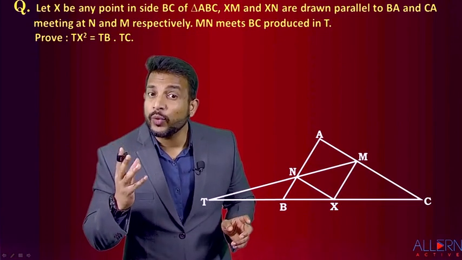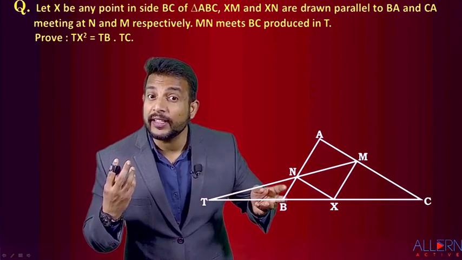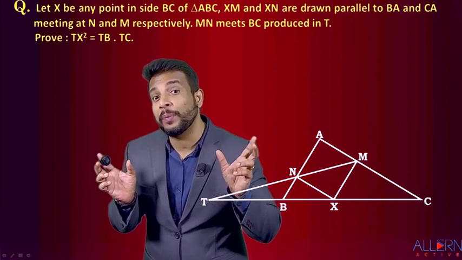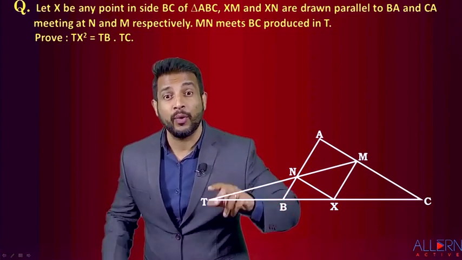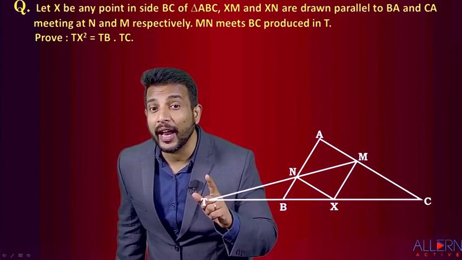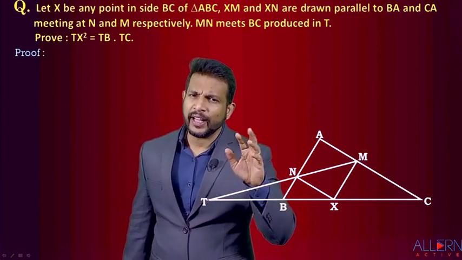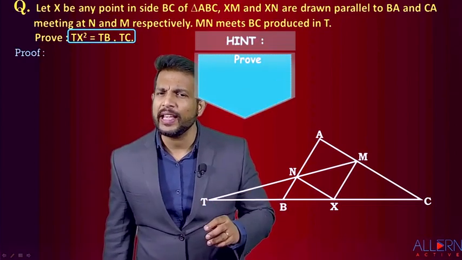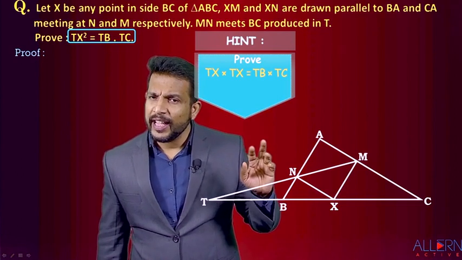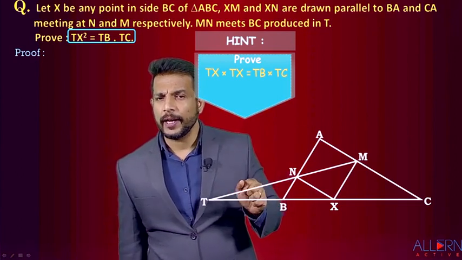Now, when I say TX square, it is nothing but TX into TX. That means we want a product equal to a product, right? When I say I want a product equal to a product, we know that you will get it provided you get two ratios to be equal. If you put that in the form of ratios, it's going to be very easy. What we have is nothing but TX into TX is equal to TB into TC, right?